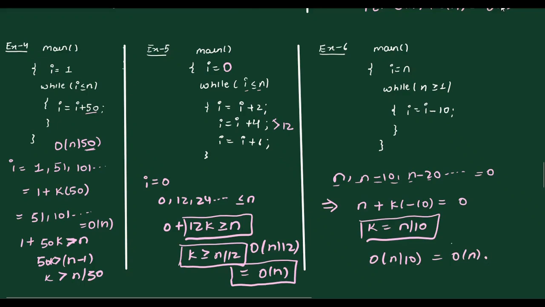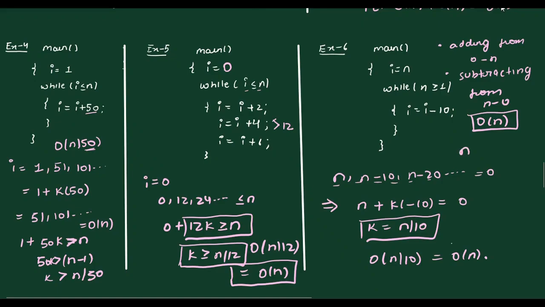So I want you to know two things. Number one, whether you are adding something, going from 0 to n, or you are subtracting from n to 0, your time complexity isn't changing, it is remaining big O of n only. Secondly, while solving this question, I am not much concerned whether the loop is running for n times, n minus 1 times, n minus 2 times.